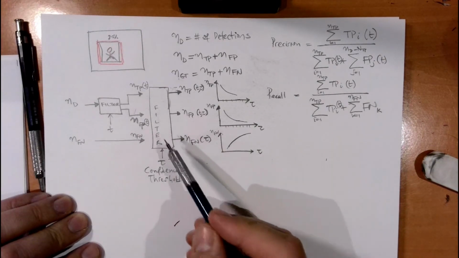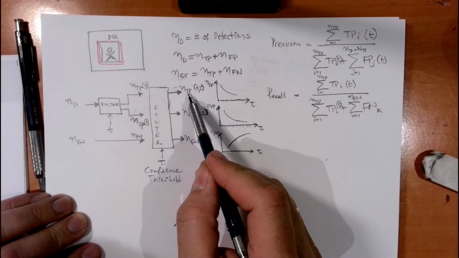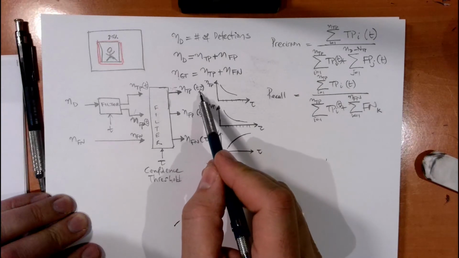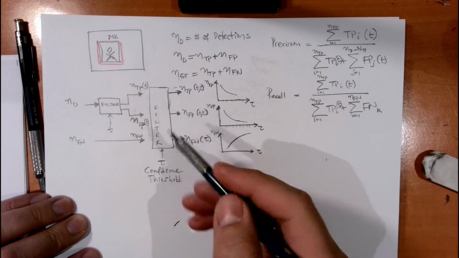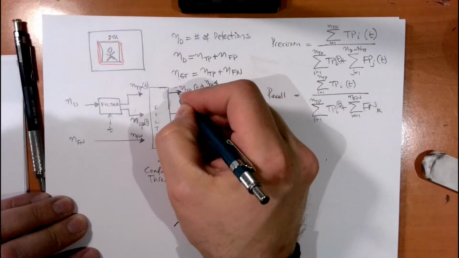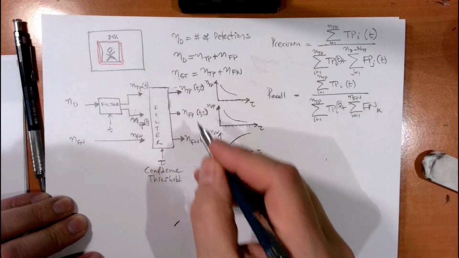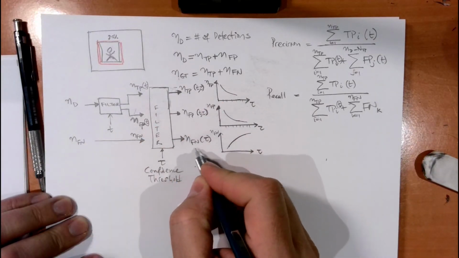So we can add the tau parameter here. Effectively, this N_TP of t comma tau is not a function, but a number of events derived in this branch, and correspondingly for the false positives and the false negatives. As we said, false negatives don't have any dependence on t.